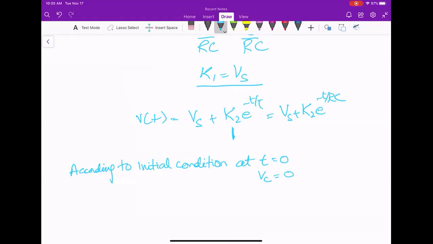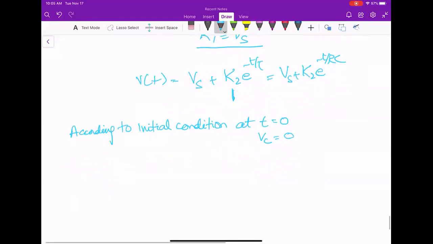So if I put t equals 0 in this equation, this will be 0, Vs plus K2 e to the minus 0, which will become Vs plus K2 equals 0.